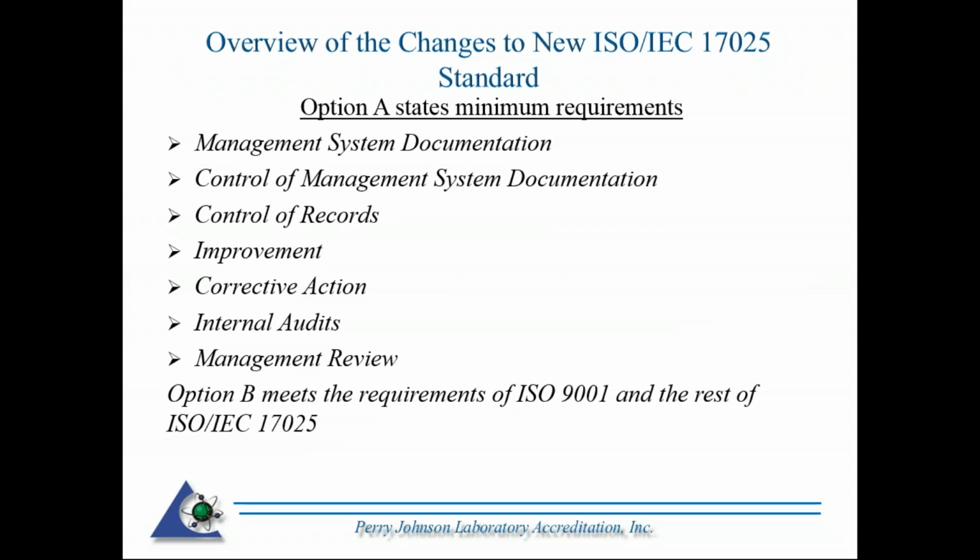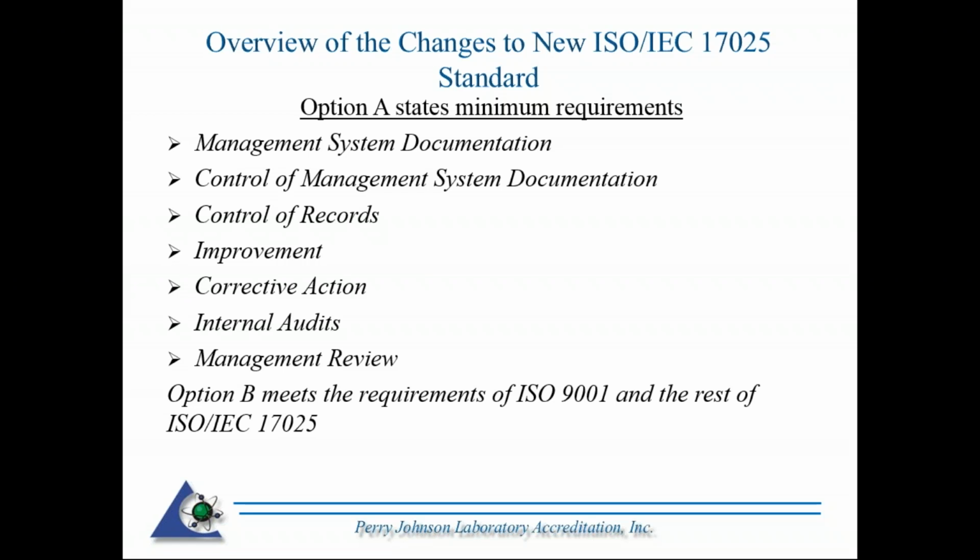Basically, if you're an option A facility, what's required in 17025 states minimal requirements to meet in the areas of management system documentation, control of management system documents, control of records, improvement, corrective action, internal audits, and management reviews.